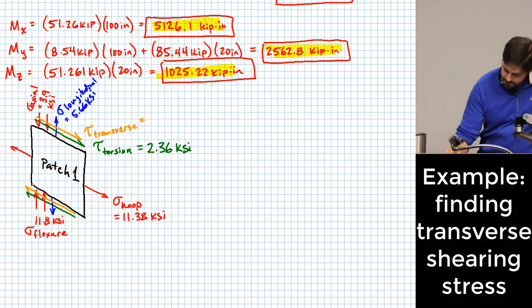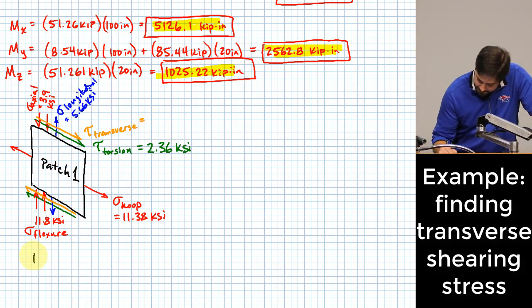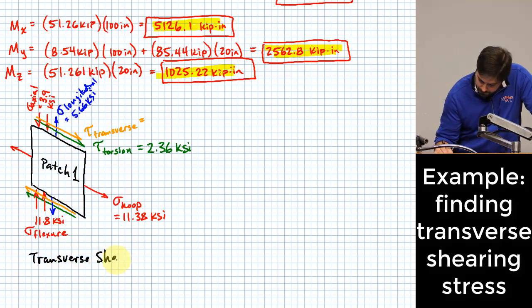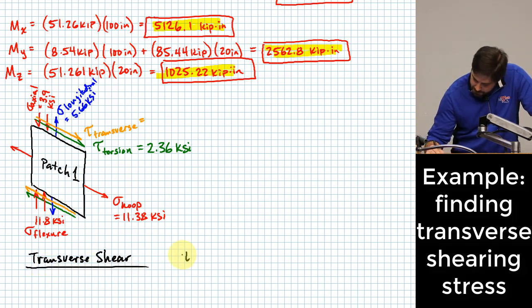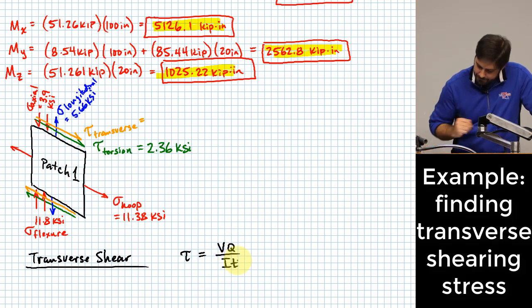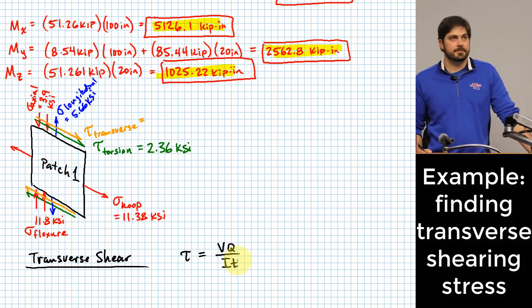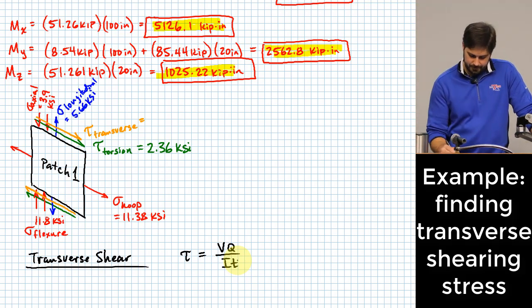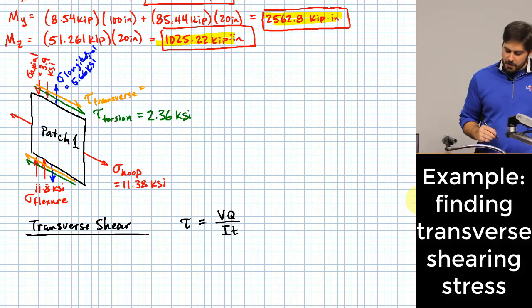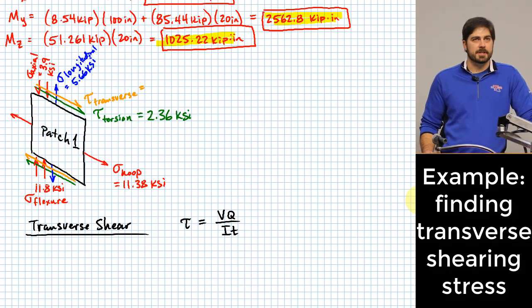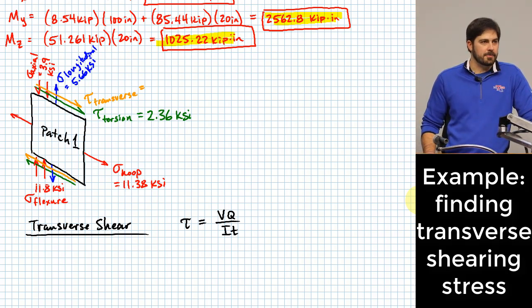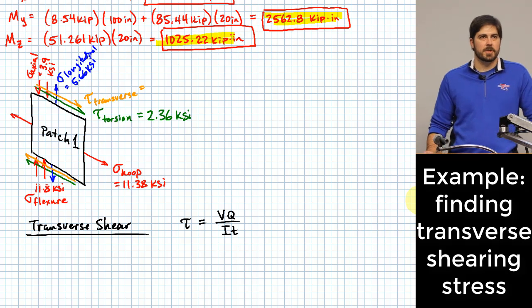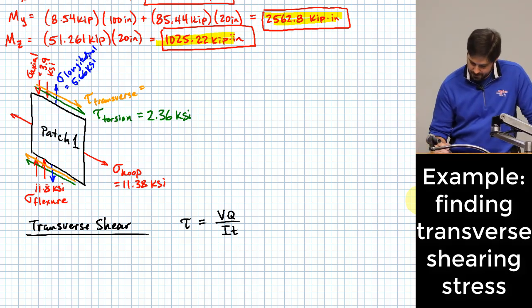Okay, so now we have to figure out what the value is on that. The formula that we use for transverse shear is VQ over IT. Okay, and let's remember, we have a pretty slick deal that we can do for Q if we have a circular cross-section. Does anyone remember what that formula was?